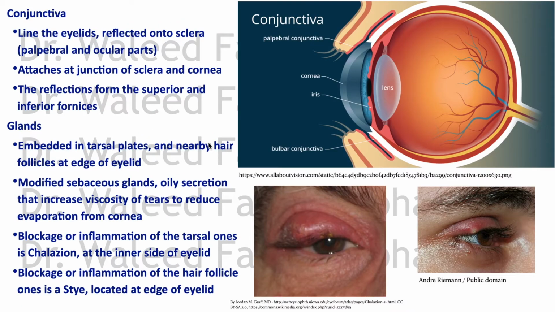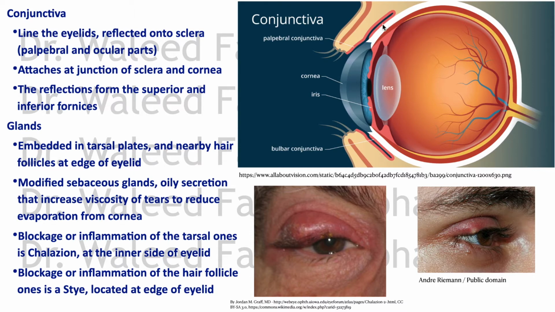Okay. Now, going deeper to the eyelids, you will find a mucous membrane layer. It's called the conjunctiva. It lines the eyelids. This is the palpebral part, and it is reflected as a fornix to the ocular surface.